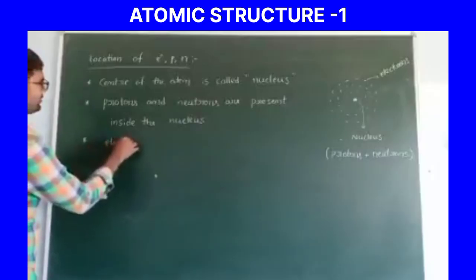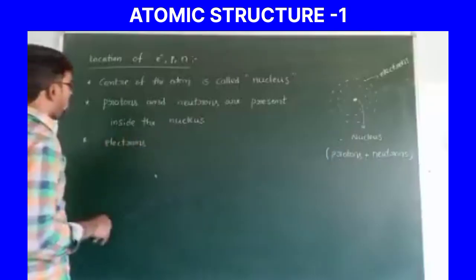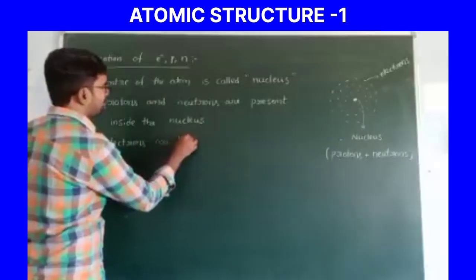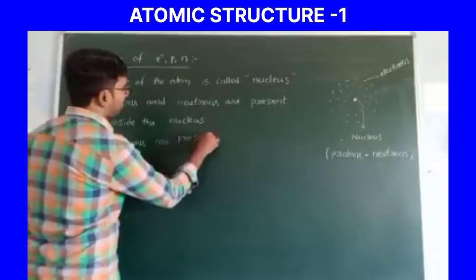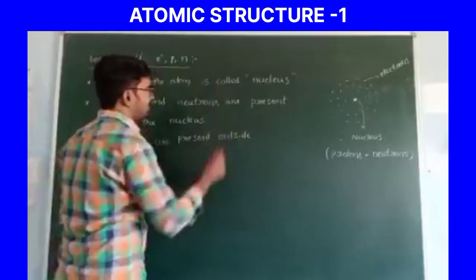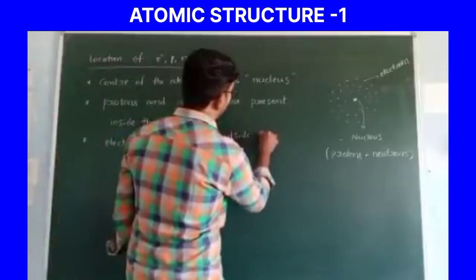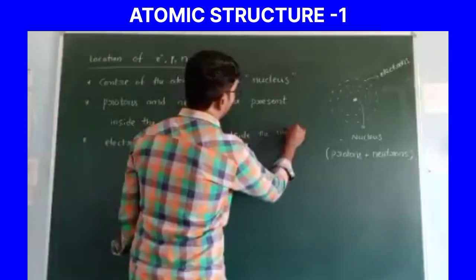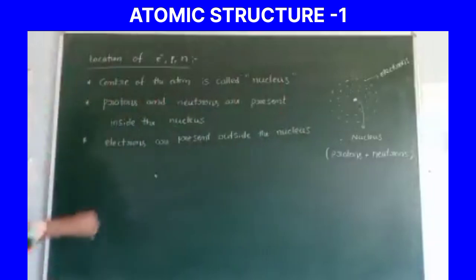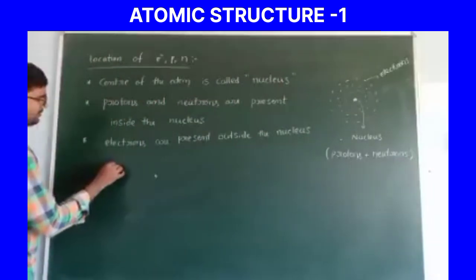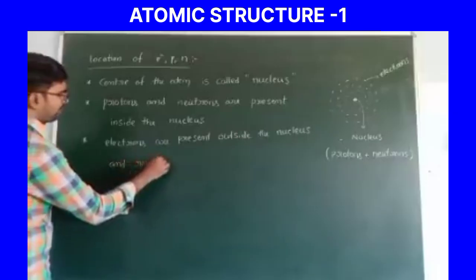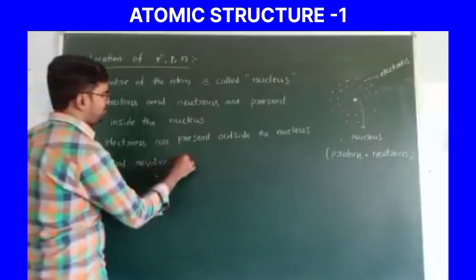Electrons are present outside the nucleus and revolve around the nucleus.